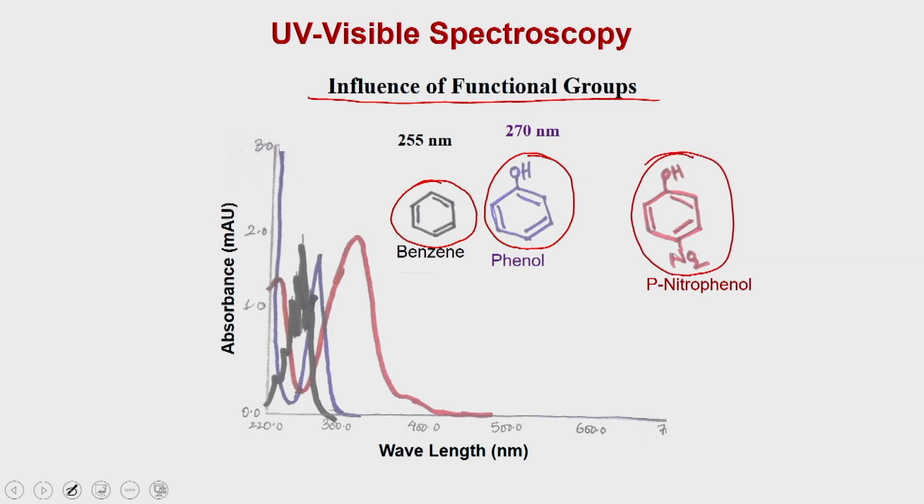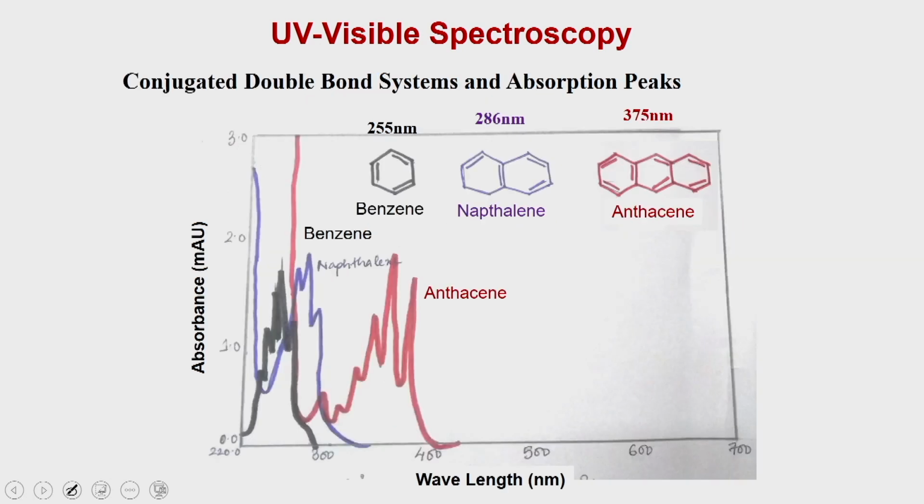If you see the absorption spectra, the black colored spectrum belongs to benzene. What we have studied is how the conjugated double bond system is going to affect the absorption peaks.